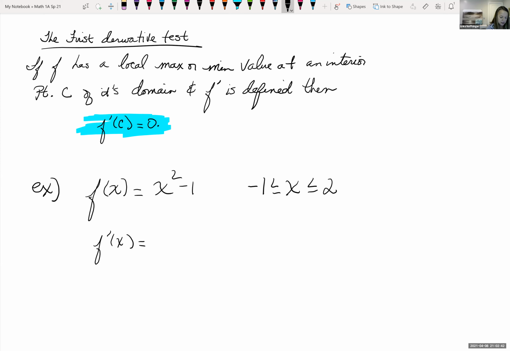The derivative of x squared minus 1 is 2x. We want to set our derivative equal to 0. So 2x equals 0. That's going to be when x is 0. So this, by this test, is either a local max or local min.